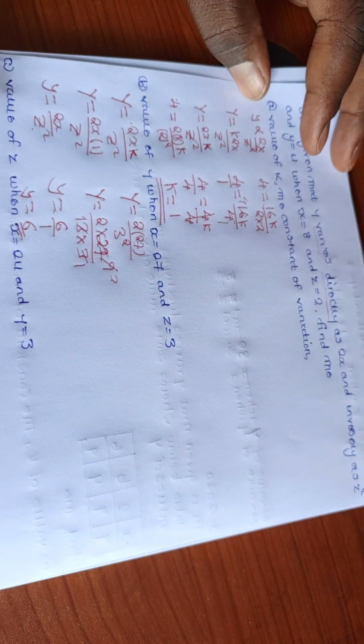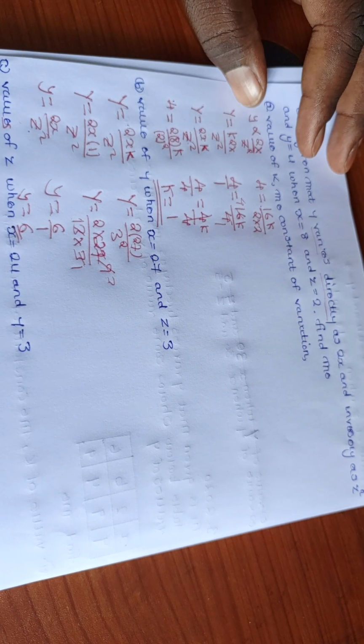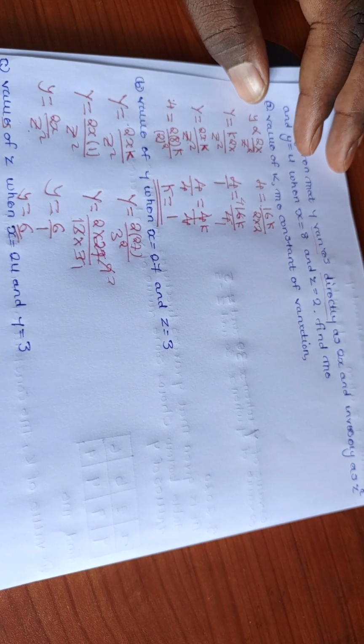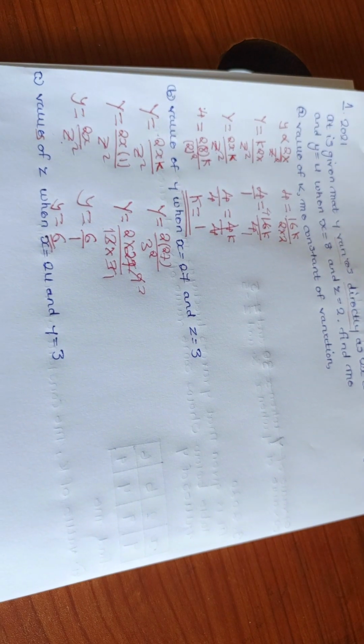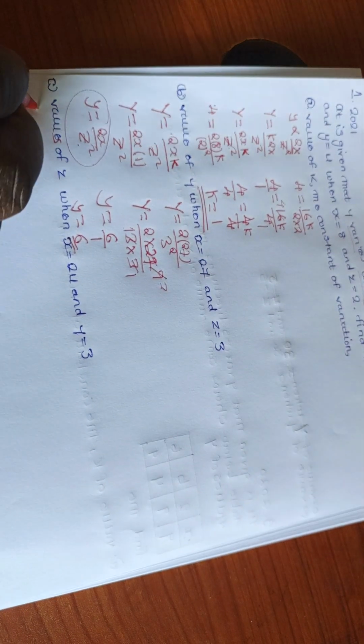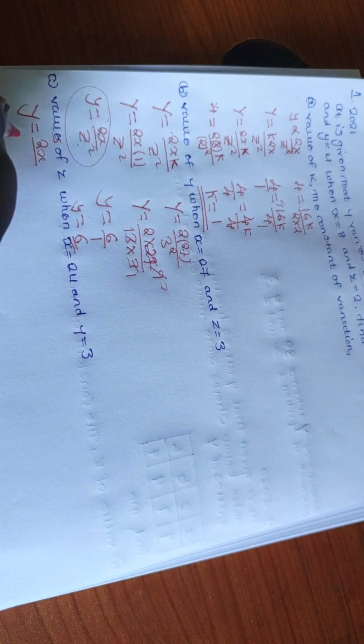Question C. The value of z when x is equal to 24 and y is equal to 3. So here we're going to use the same equation, this equation which says y is equal to 2x over z squared.